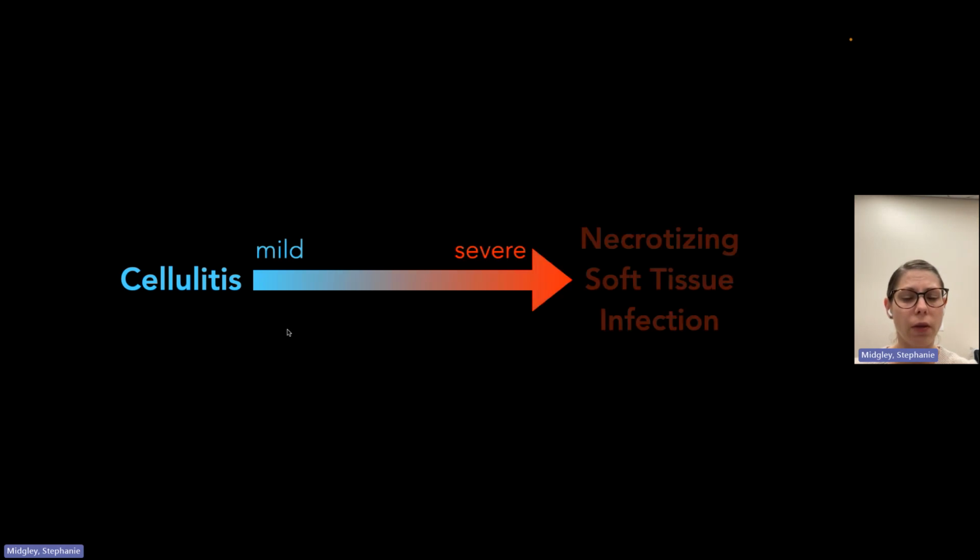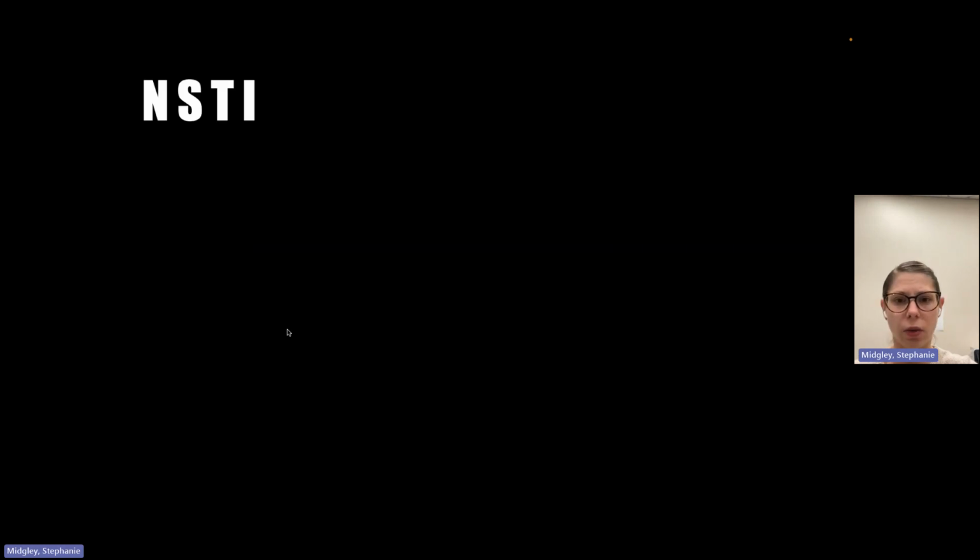So just to recap, mild cellulitis, you're going to have loss of architecture, you're going to have cobblestoning, and then you're going to have the sub-Q thickening. As you go from mild to more severe, you're going to start to see signs of NSTIs. The way I think of it is sort of cellulitis on steroids. So again, sub-Q thickening.